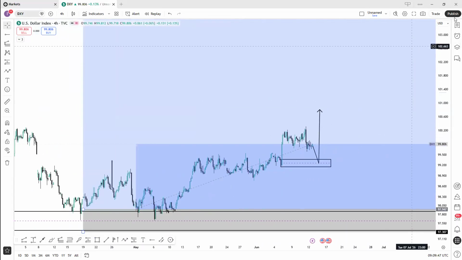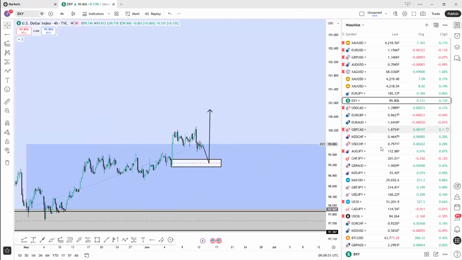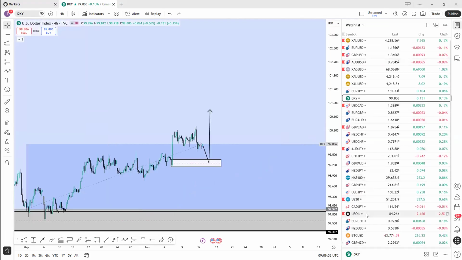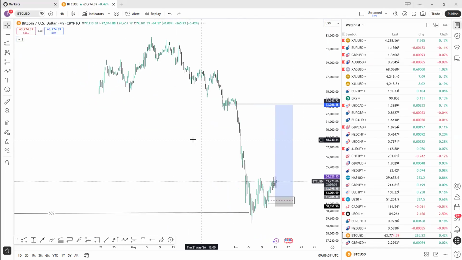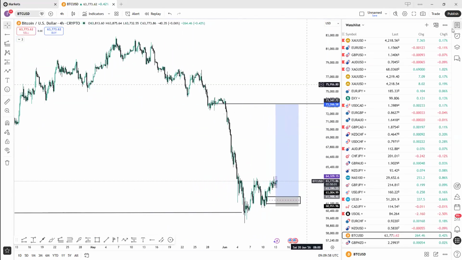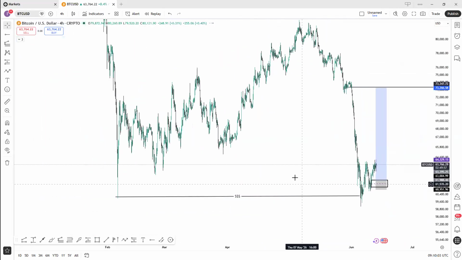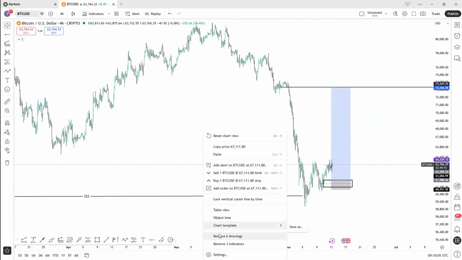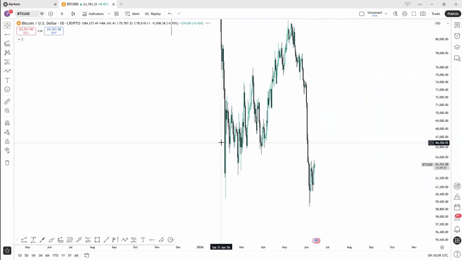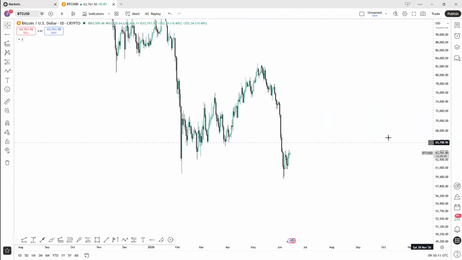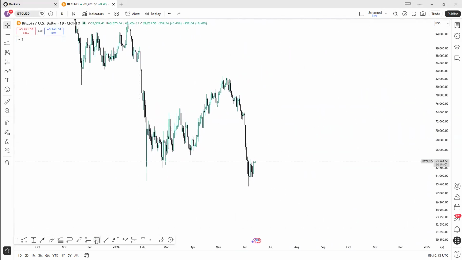So that's currencies, and let's finalize with BTCUSD. BTCUSD, we have this market structure. It took out this daily sell side liquidity. Last week or last 2 weeks, we took a short position from that area.